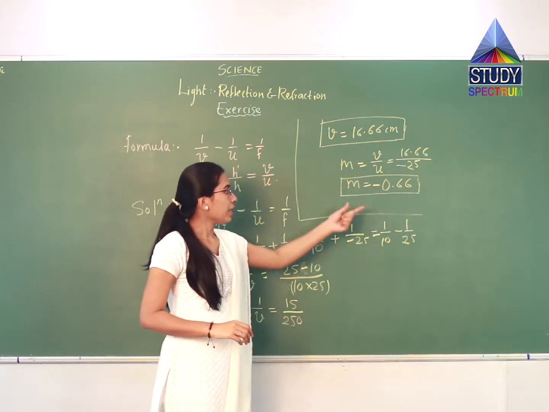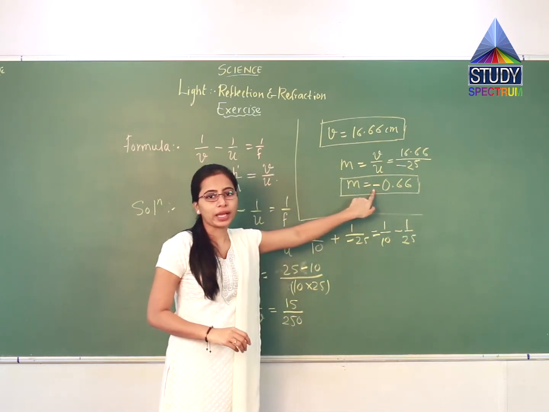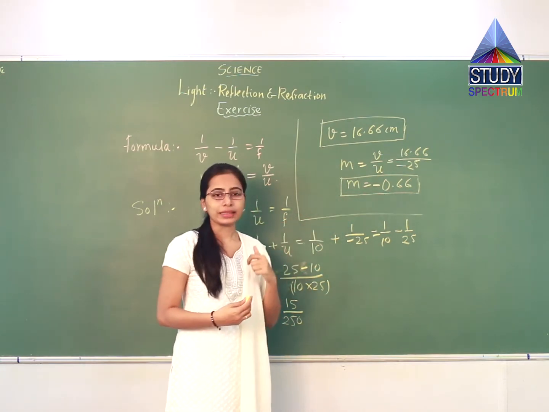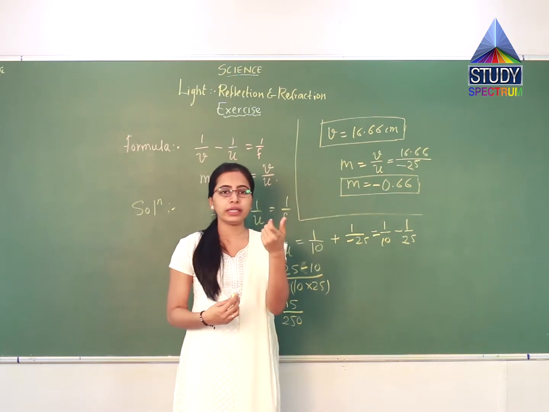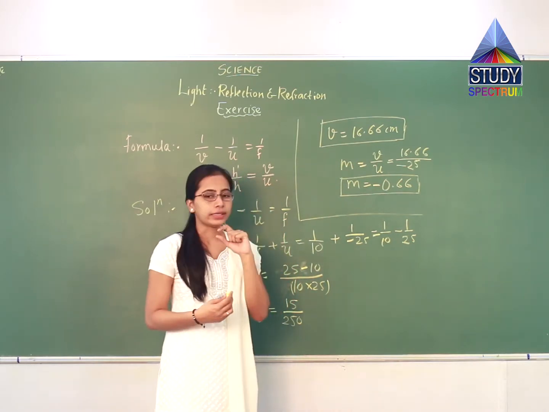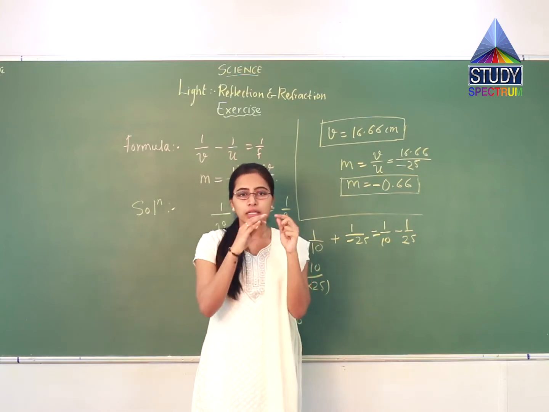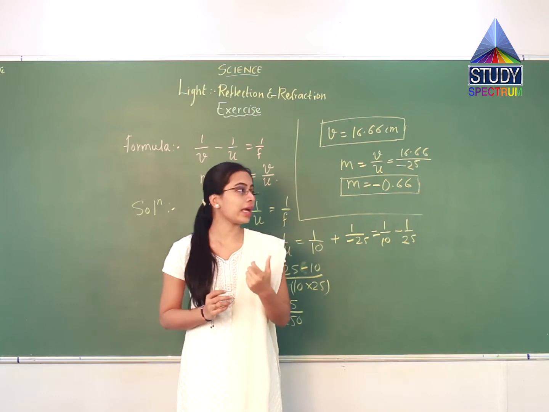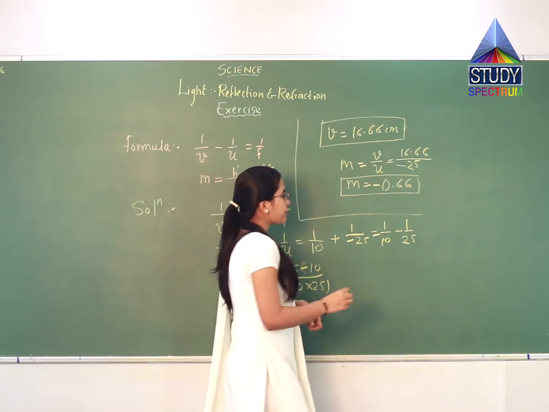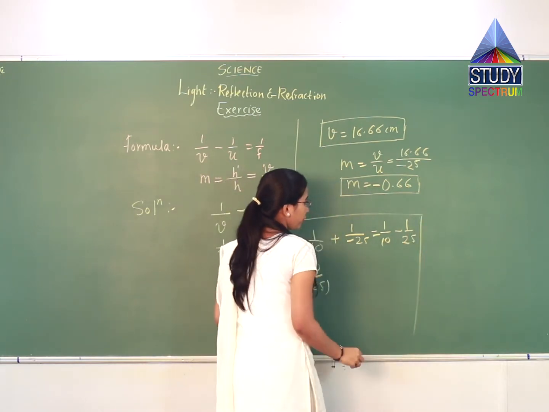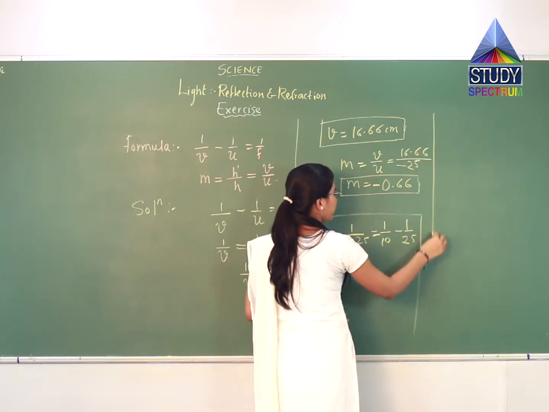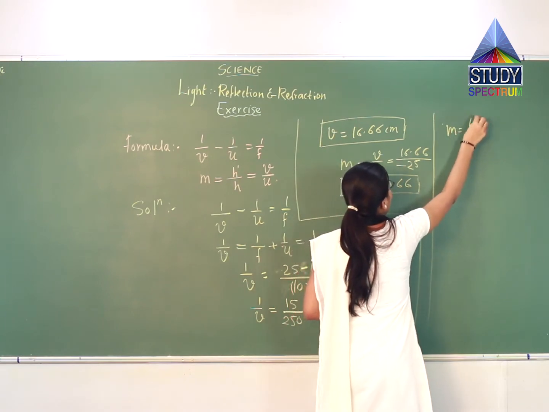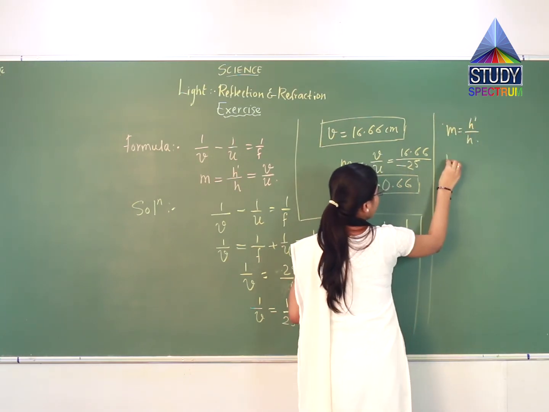Now you can see we got the negative value of magnification, and also it is less than 1. That means the numerator is less than the denominator. That means the size of the image that we will get here will be lesser than the size of the object. So let us find out the size here. m is also h dash upon h, and we have to find h dash.